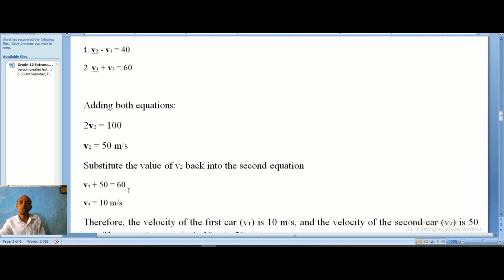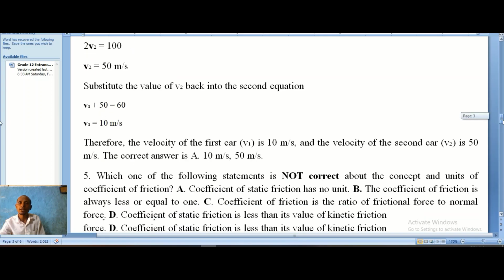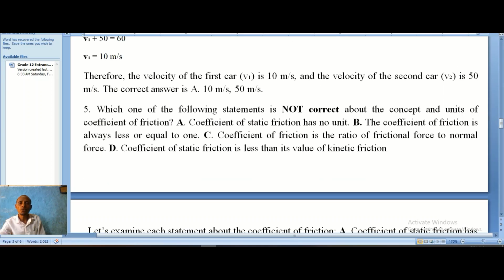Substituting the value of V2 back into the equation, V1 plus 50 is equal to 60. Subtracting 50 from both sides, V1 is 10 meters per second.